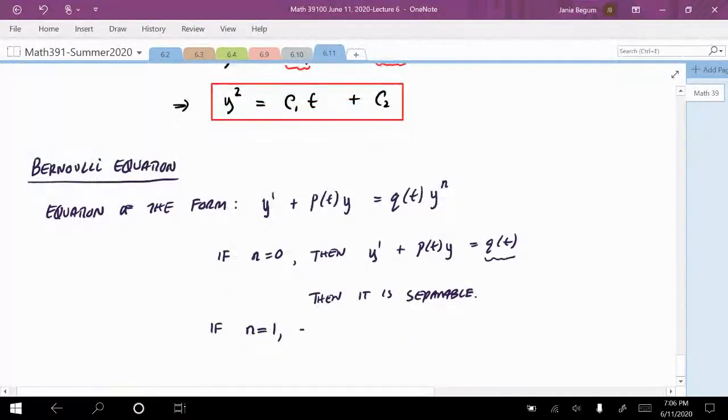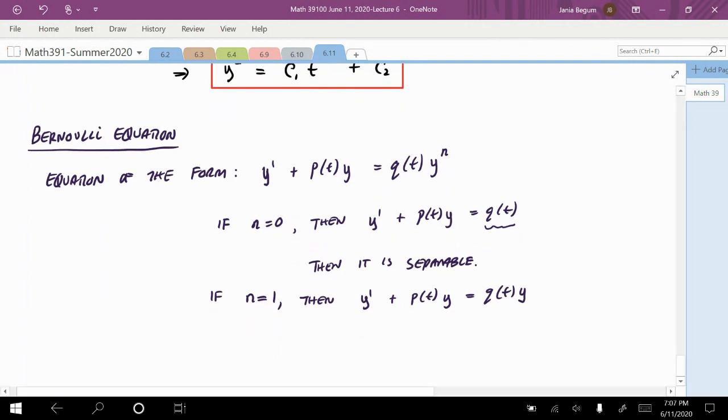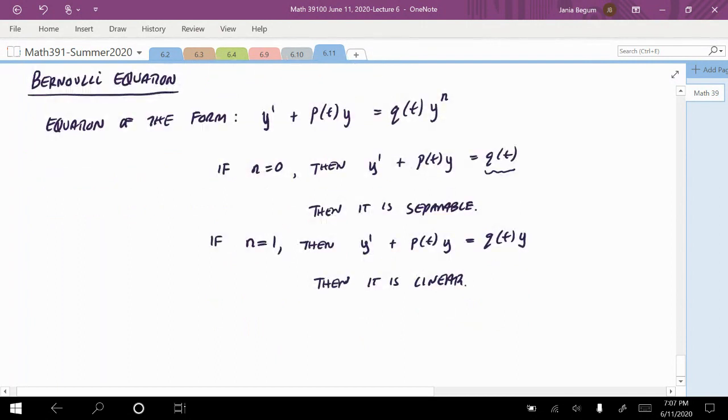Then we have y prime plus some function p of t times y equals q of t times y. If that's the case, then we have a linear equation. So this is definitely going to be linear. These are the two cases we have seen already, and we know how to solve them.